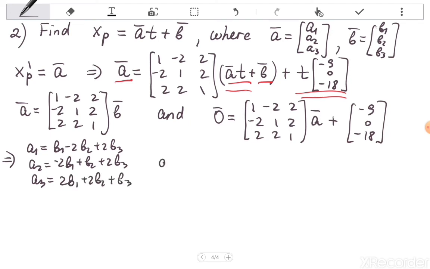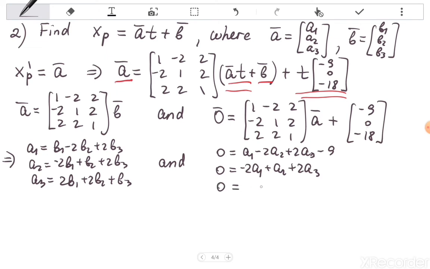And this one is the same as 0 is a1 minus 2a2 plus 2a3 minus 9. Then 0 is minus 2a1 plus a2 plus 2a3 plus 0, the second component is 0, and the third component will be 2a1 plus 2a2 plus a3 minus 18.